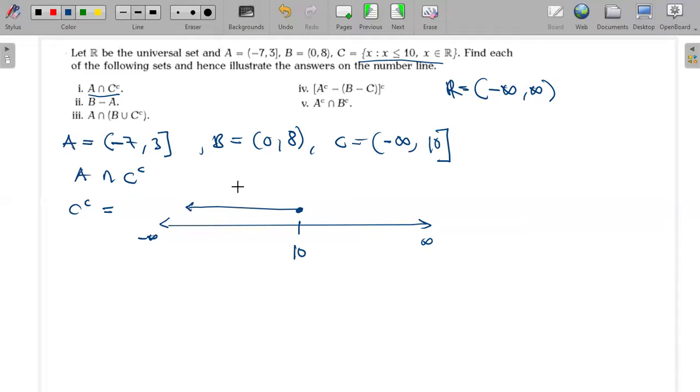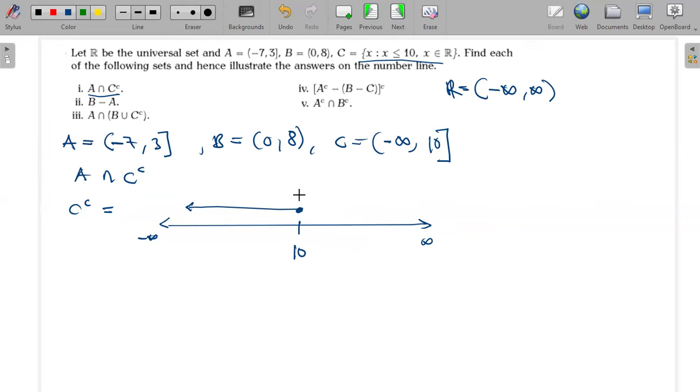This arrow means it's going towards the negative direction. Now my complement is going to be everything outside here but in the universal set. It means 10 is in the set C, so that 10 will not be in the complement.